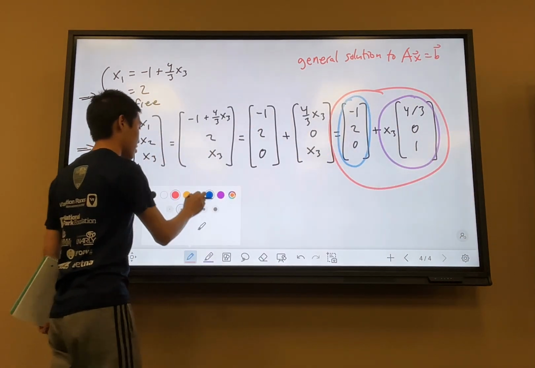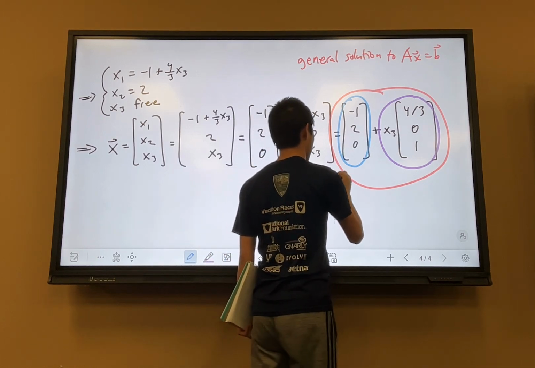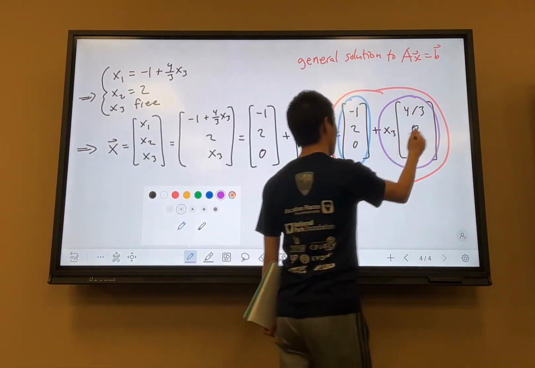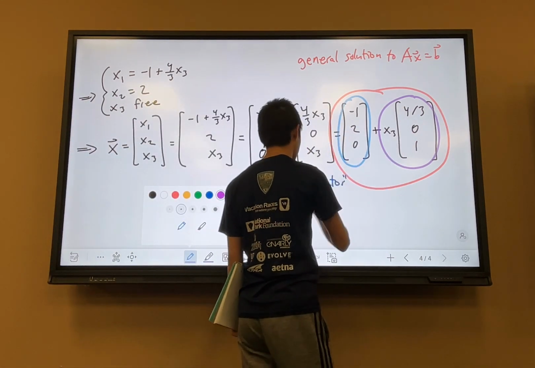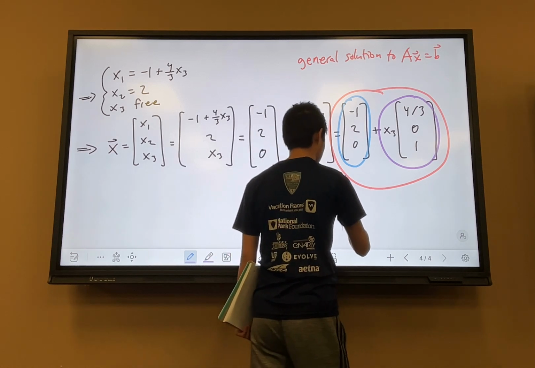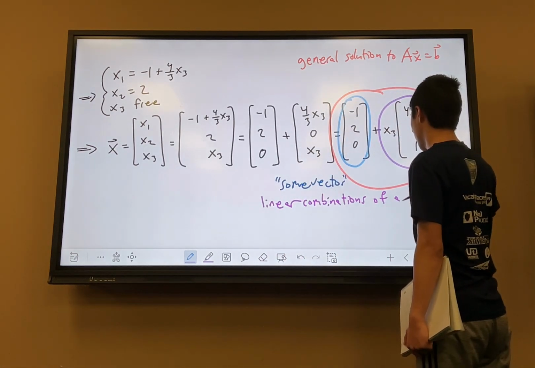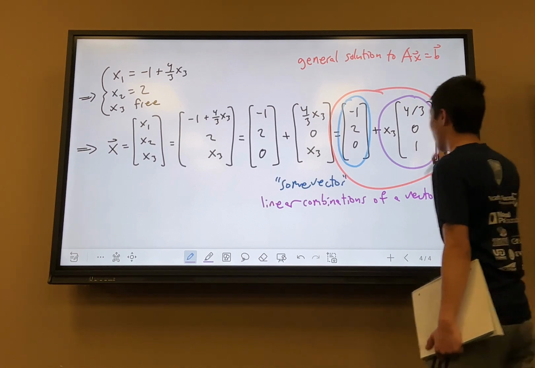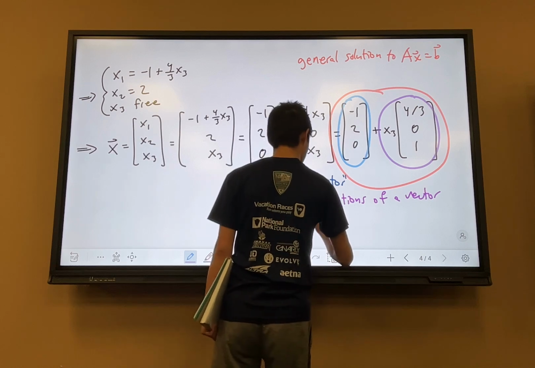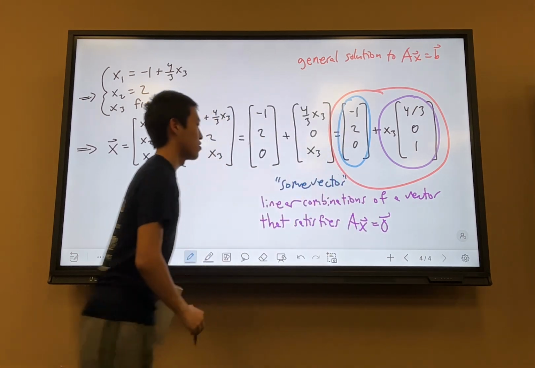In blue, we have our one vector, that's added then to the arbitrary linear combinations of the vector that satisfies the corresponding homogeneous system.